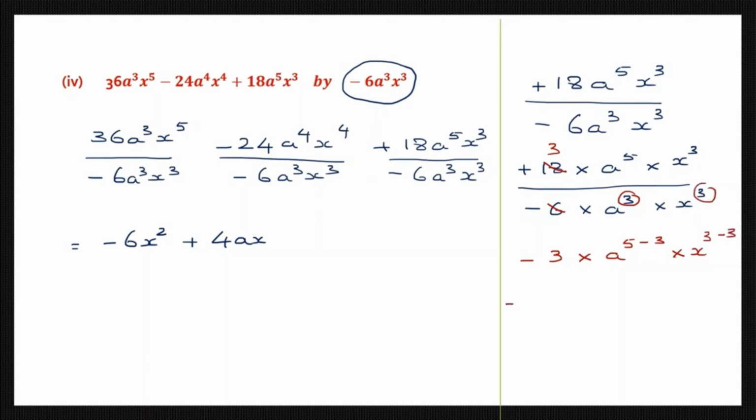So here we have minus 3 into a to the power of 2 into x to the power of 0, which is minus 3 into a square into 1. So that will be minus 3 into a square, minus 3a square. So here we'll write minus 3a square. So that is our final answer.